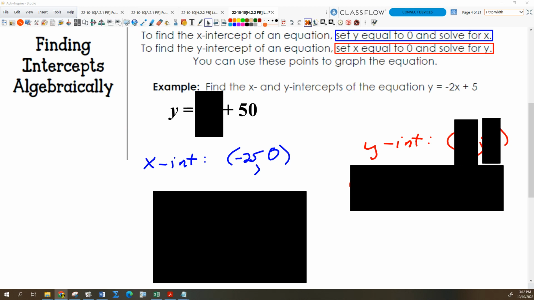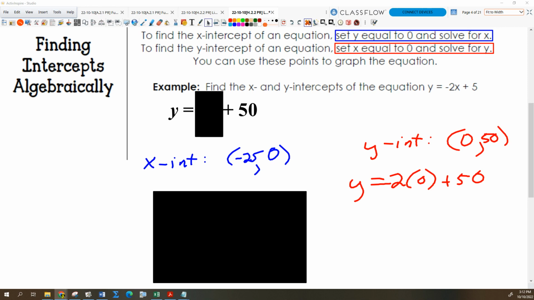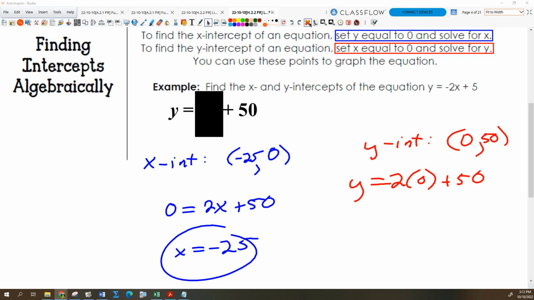Okay. How'd I do it? Again, I just set x equal to 0 and solved for y. Right? And I got 50. Over here, I set y equal to 0 and solved for x. See that trick? Not a big deal, right?